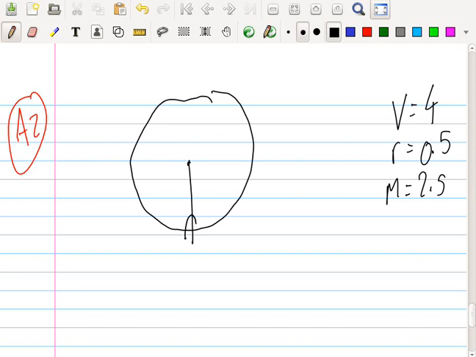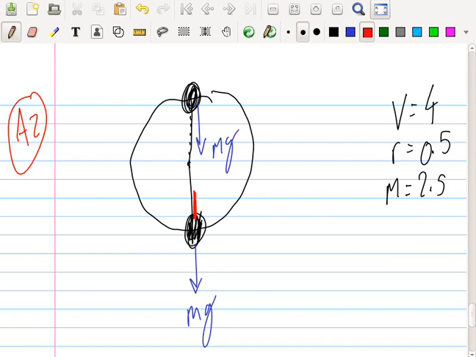It's being swung around in a circle. So there's two times which are interesting, the very bottom and the very top. Let's draw the forces. Here is mg and here is mg. Here is the tension and here is the tension.